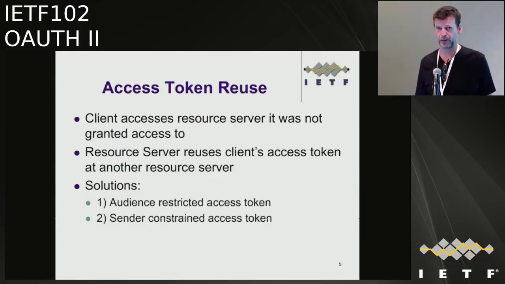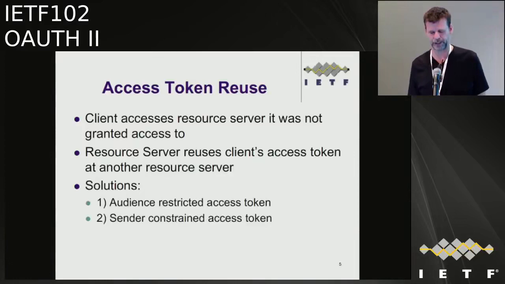For example, if you got a token that says you had certain scopes, but there's no enforcement as to whether it's, say, in China or the US, that client potentially could access the same resource with the same scope in both places. And another challenge, of course, is that when you have a bunch of resources, one resource could be malicious and just reuse that access token to access other resources that same client is accessing, if the tokens can be used in different places. So there's two ways of solving that.